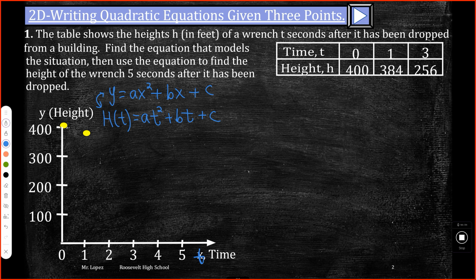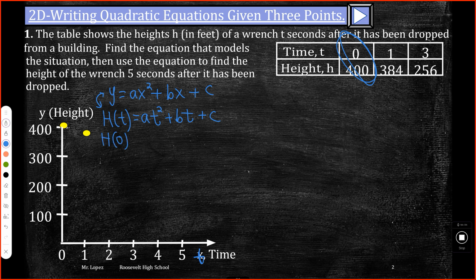Now I'm going to substitute in the values given, and I'm going to use this one first. At time equal to 0, I'm going to replace t with 0.